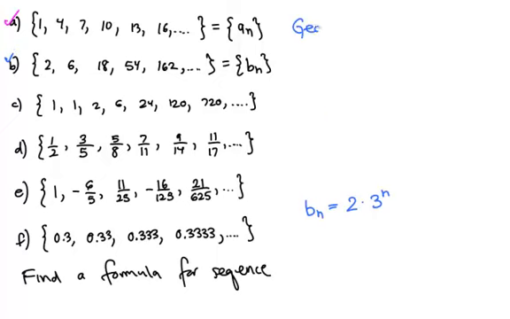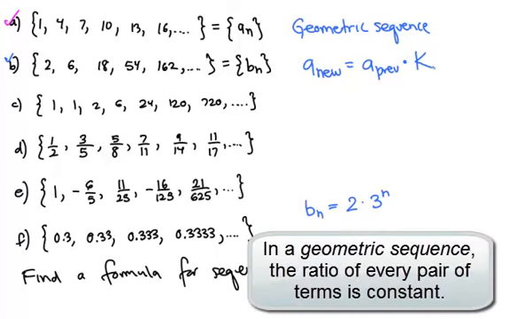A geometric sequence is one in which each new term, A sub new, is found by taking the previous term and multiplying it by the exact same constant. So you multiply by 3 each time, or you multiply by 7 each time.